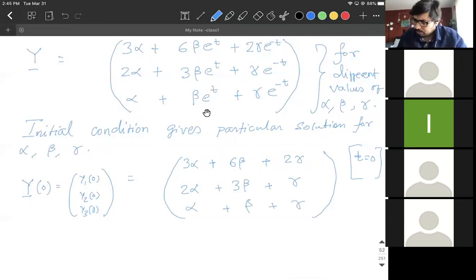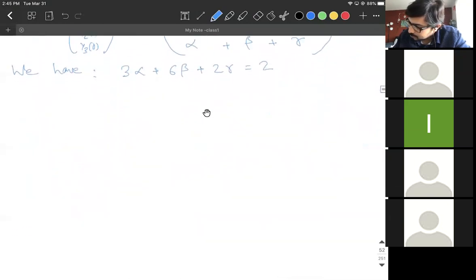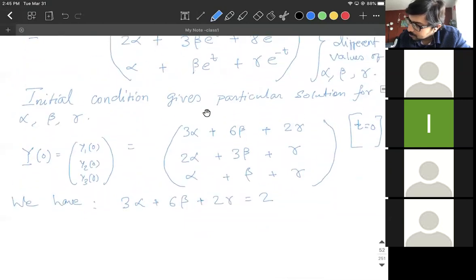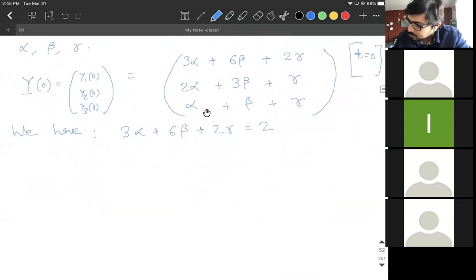Now you see what's going on. You have three equations and three unknowns. So we have 3 alpha plus 6 beta plus 2 gamma equals 2. Then 2 alpha plus 3 beta plus gamma equals 2. Then alpha plus beta plus gamma equals 2.